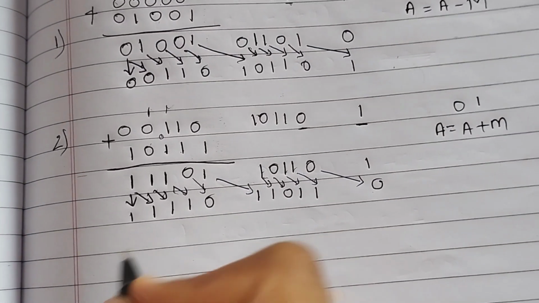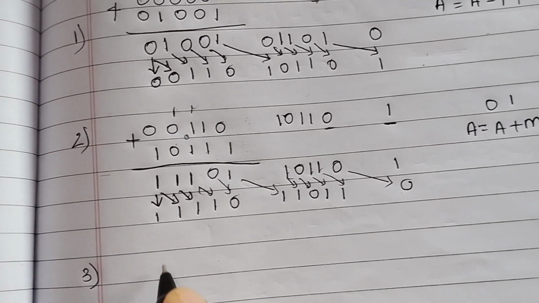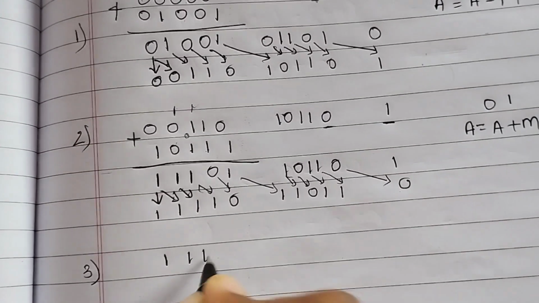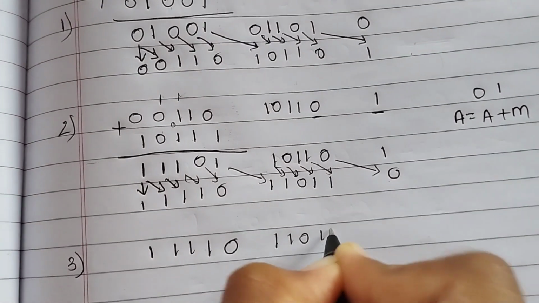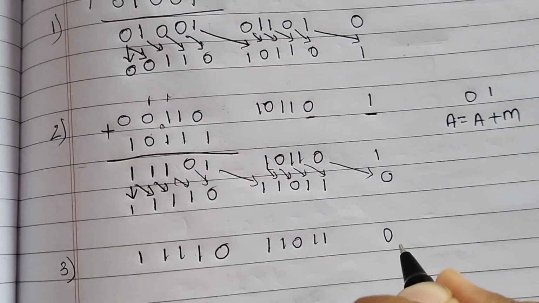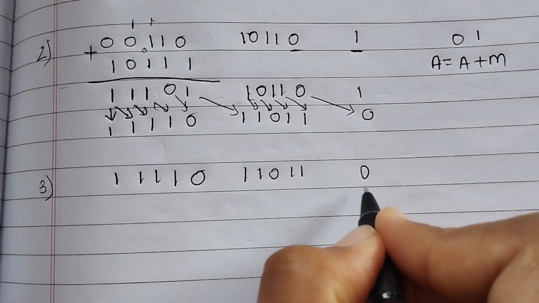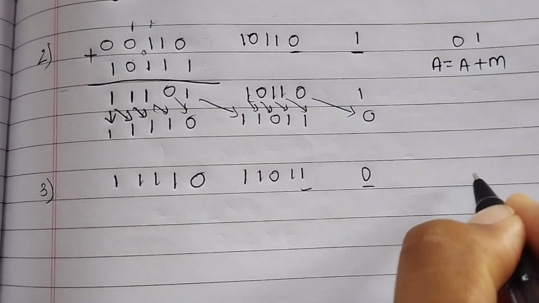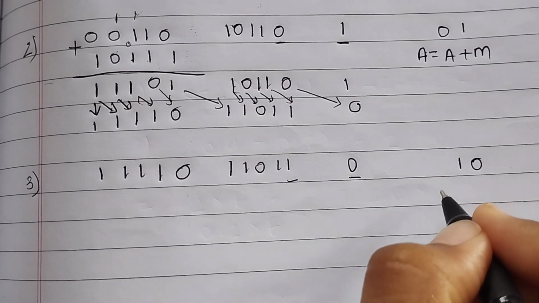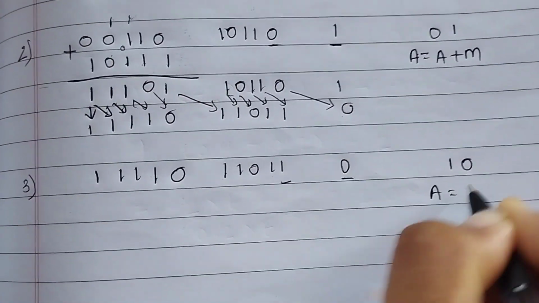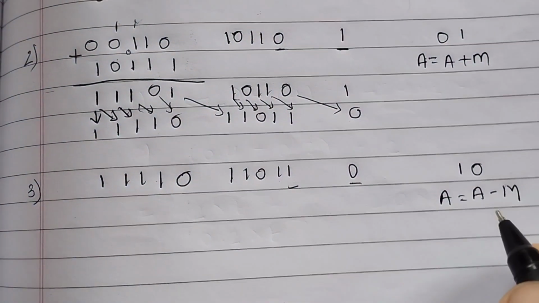So now the output of the second step is the input of the third step. So this 1 1 1 1 0 and 1 1 0 1 1 0. Now in the third step, Q and Q minus 1 is 0 1 1 0. Again the operation we now perform is A is equal to A minus M, because 1 comes here.